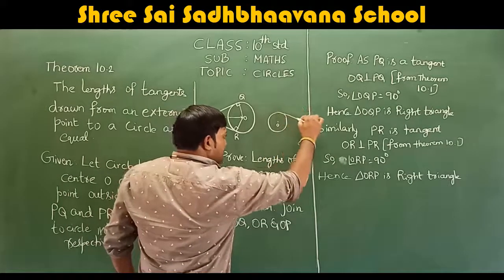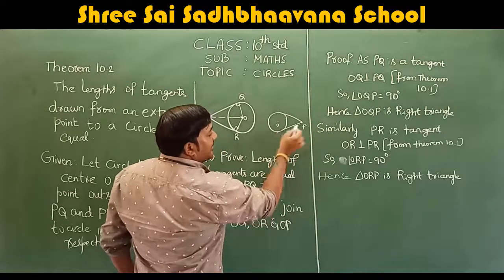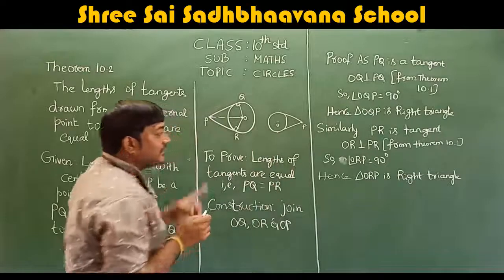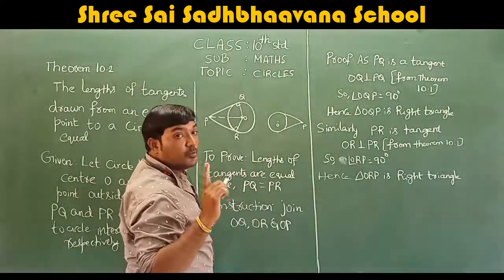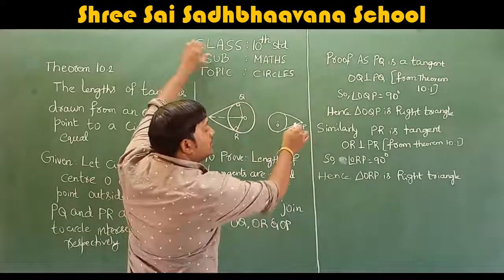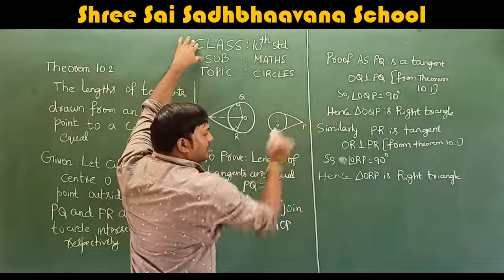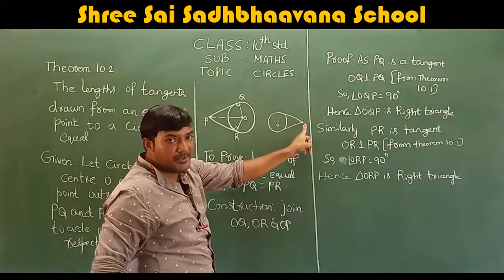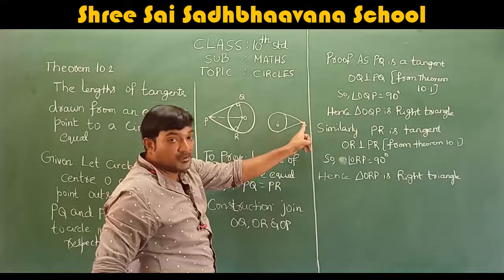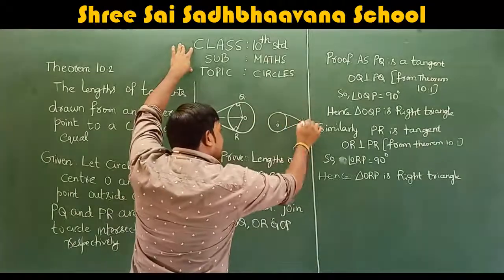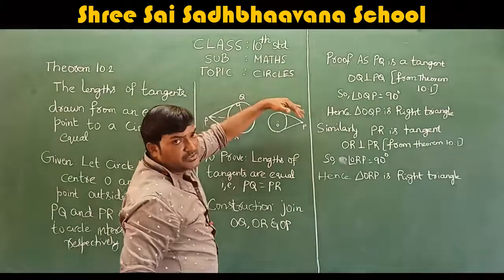If you draw one tangent to this circle, and then one more tangent from this point, how many tangents can you draw? Remember, only two tangents can be drawn from a point outside the circle. I am taking a point P outside and drawing two tangents.